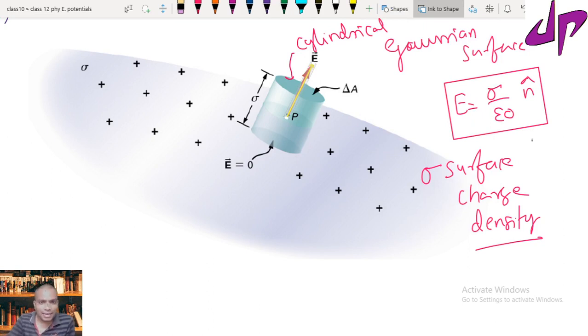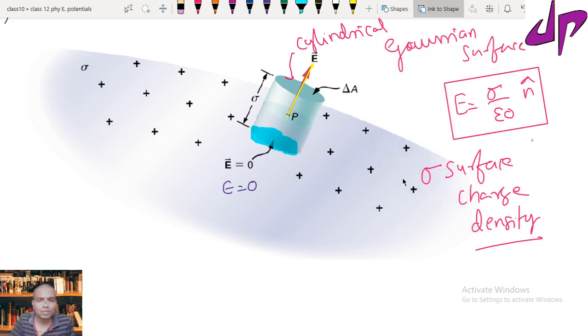We learned that the electric field inside is equal to 0, otherwise we would need to draw the electric field lines from here also. So in this region, the electric field is equal to 0.